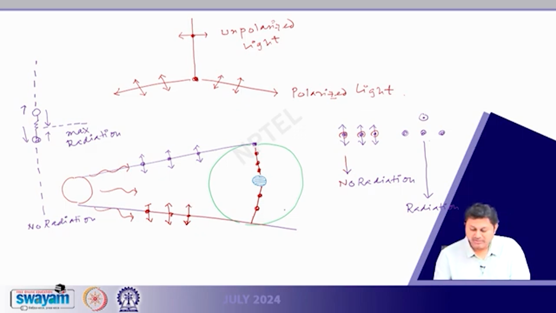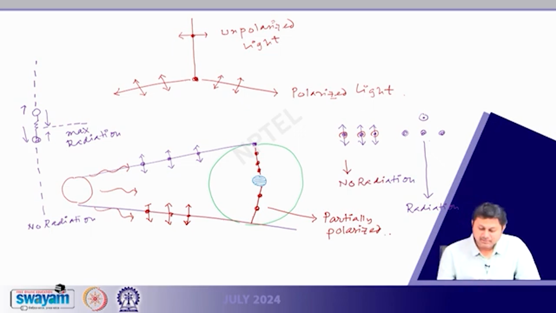So, this light is partially polarized. This is the way, when we have scattering, that we can get polarized light. This is one way to polarize light. This is the sun and this is the earth.